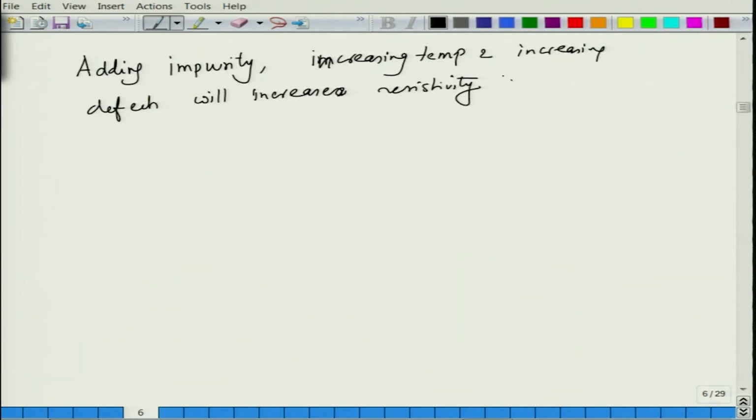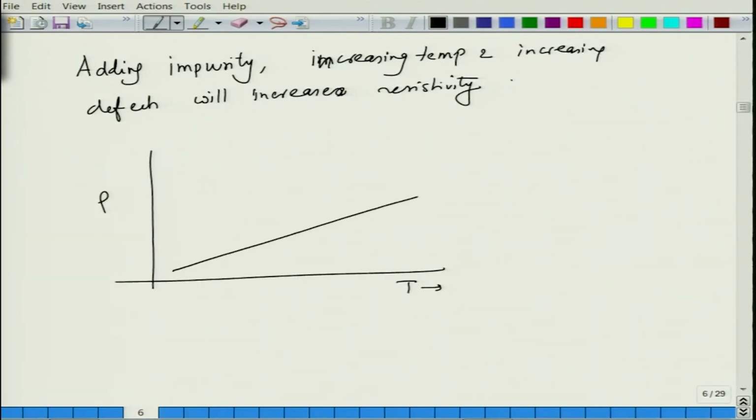Okay. So essentially if you look at the case, for instance, copper, this is temperature axis, this is resistivity. So let us say this is the case for pure copper, the resistivity increases, and whatever contribution you have at this point is rho thermal, and rho is nothing but 1 over sigma.